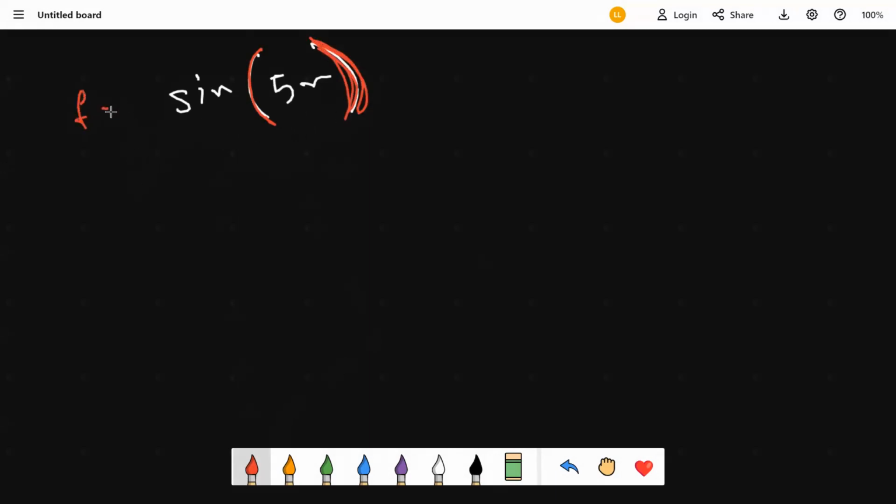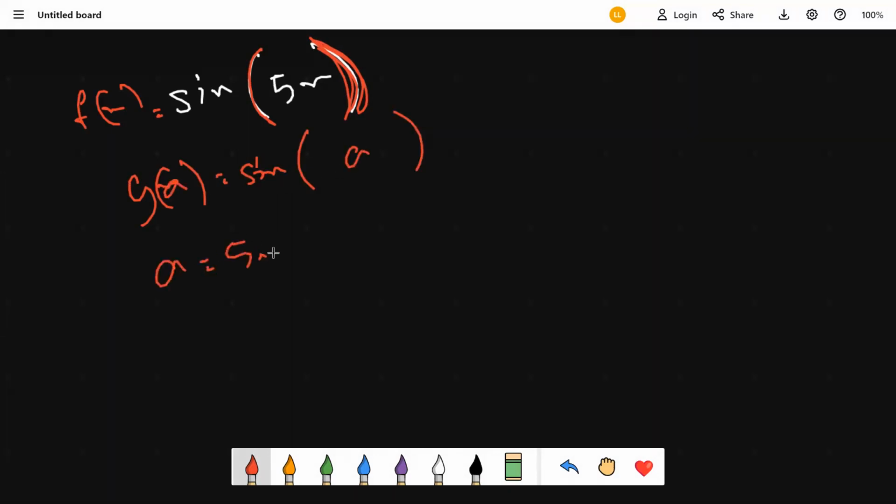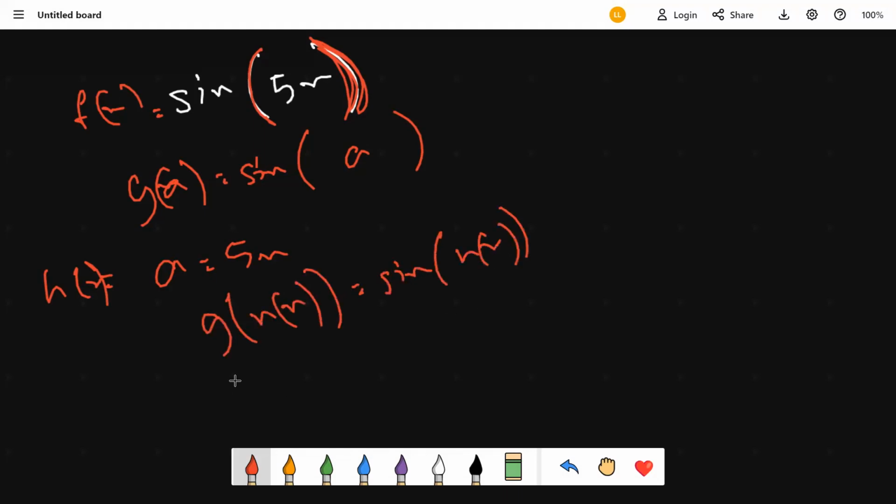So in this case, if this is f of x, then remember, g is the sine of something inside. Let's say g of a is sine a, and a in this case is 5x, or a is h of x. So that means g of h of x is sine of some other function inside, and f of x is that sine of 5x.